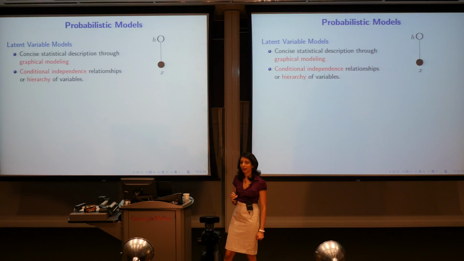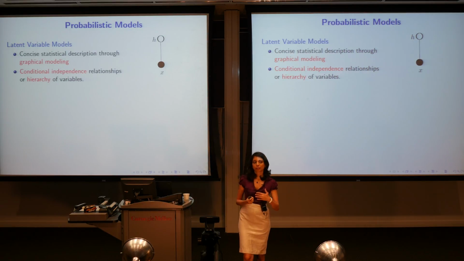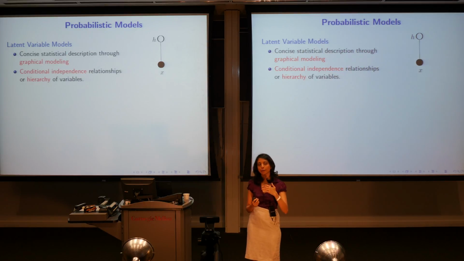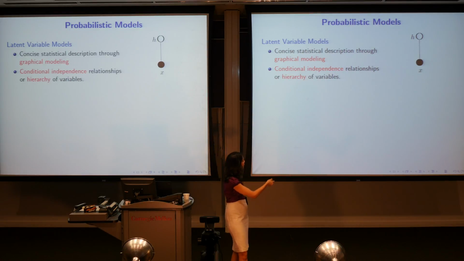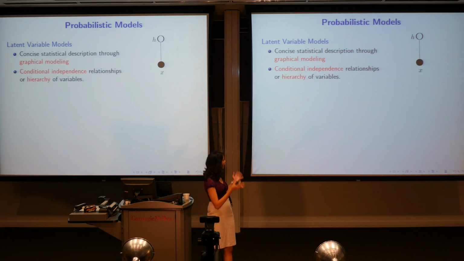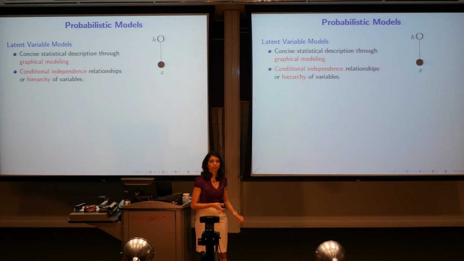So now, we can look at the class of probabilistic models. Here, what we want to do is model the relationships between hidden and observed variables. We'd like to incorporate a rich class of relationships, and typically, the usual framework is graphical modeling, where you have a graph that models conditional independence relationships between the variables.